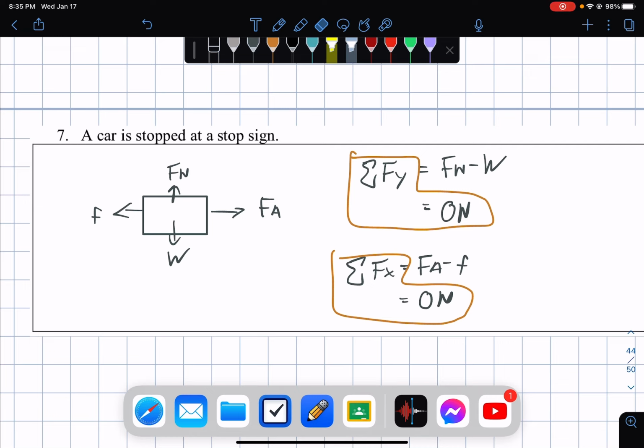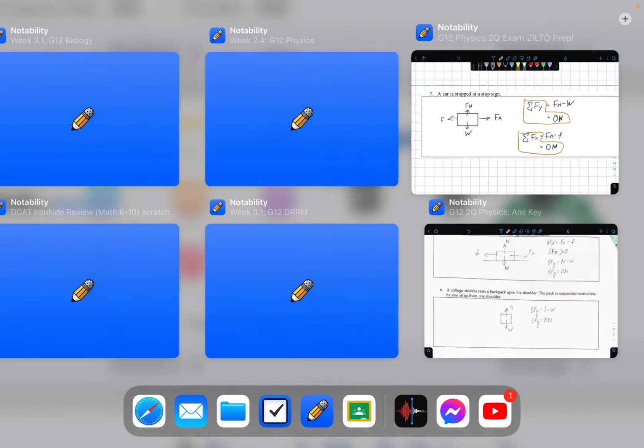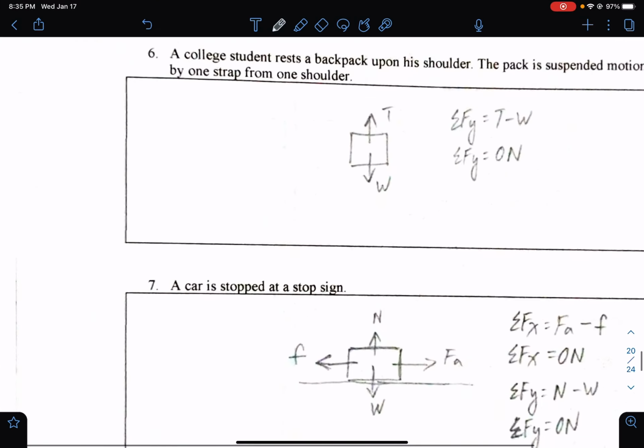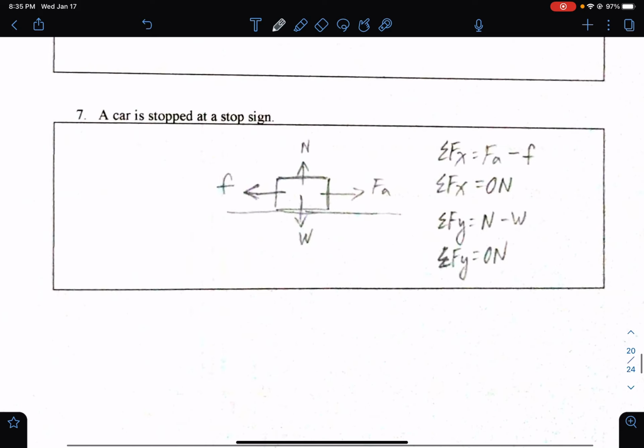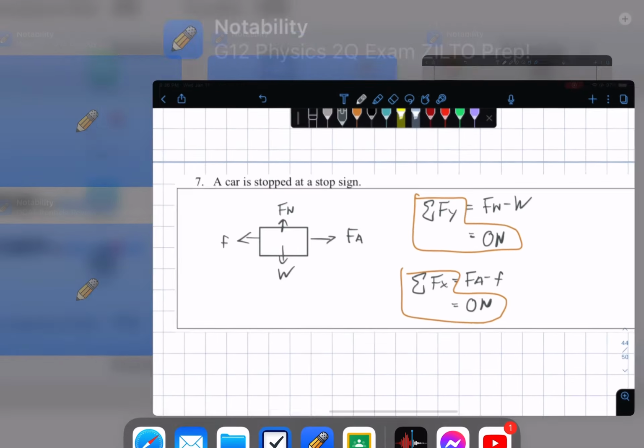It says here the car is stopped, so yeah, the present tense is stopped, so both are 0 newtons. Exactly what was mentioned. Okay.